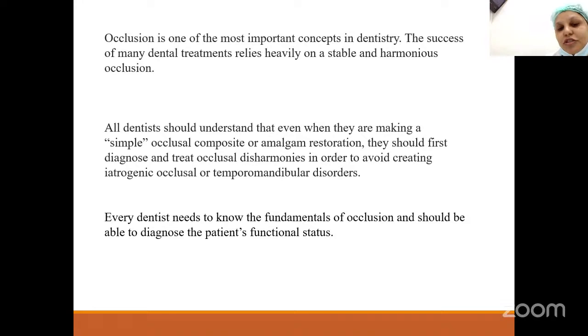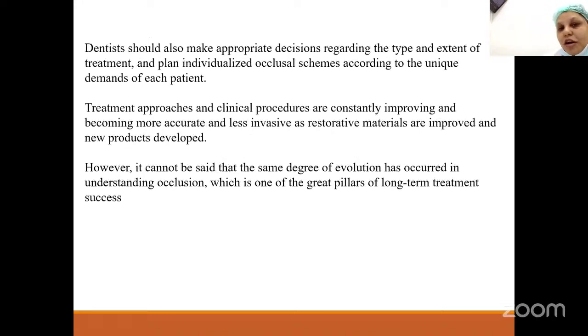Every dentist needs to know the fundamentals of occlusion and should be able to diagnose the patient's functional status. Dentists should always make appropriate decisions regarding the type and extent of treatment, and plan individualized occlusal schemes according to the unique demands of each patient.